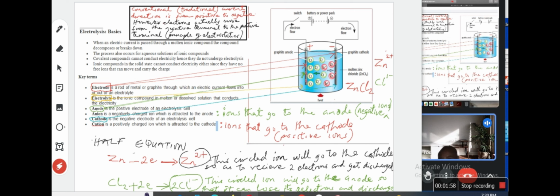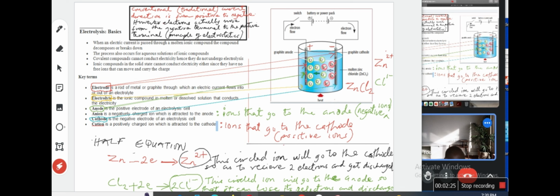But wait, it does conduct electricity when it's molten, because the charged ions are free to move about. Excellent. Ionic compounds conduct electricity in their molten state, and also when they are in aqueous solution.